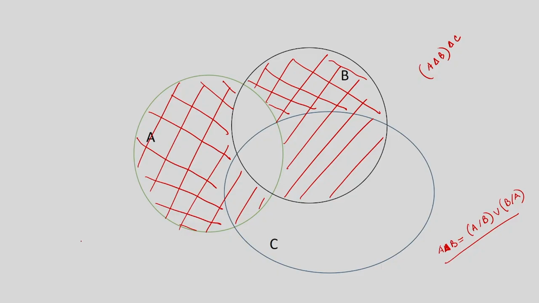So, this region is A delta B minus C, and then I have to do C minus A delta B. So, from C I have to take out the A delta B region. So, if I do that, what am I going to get?